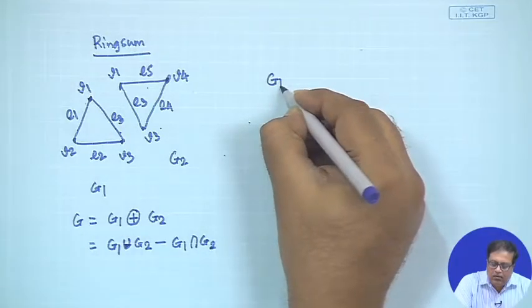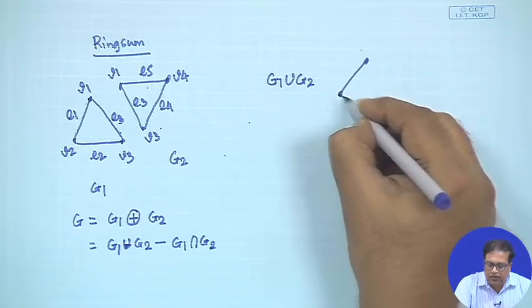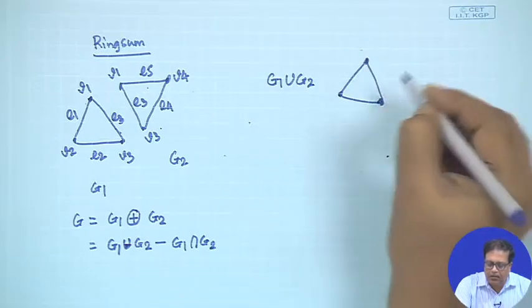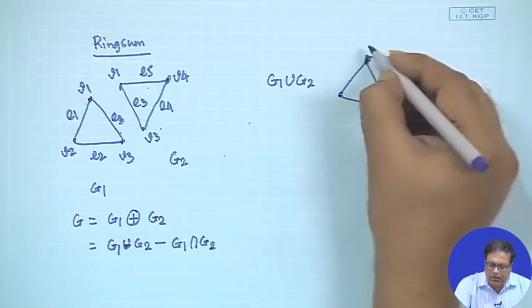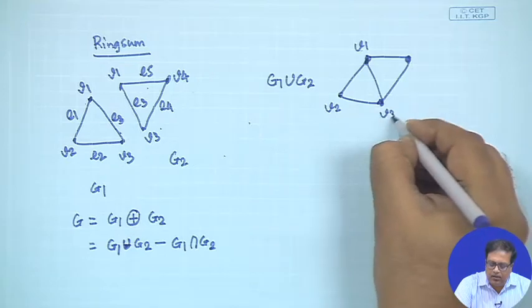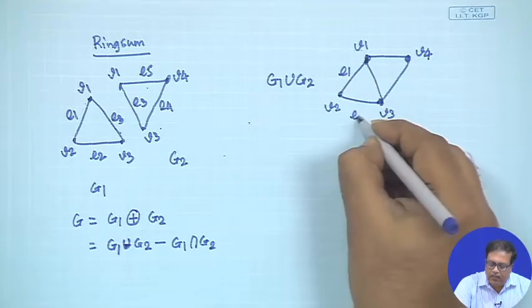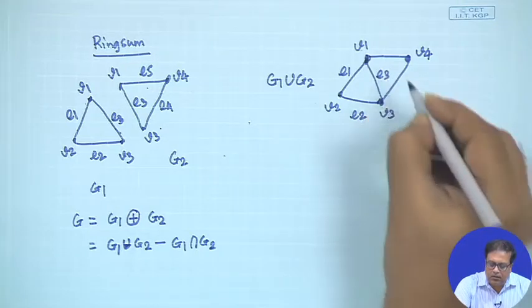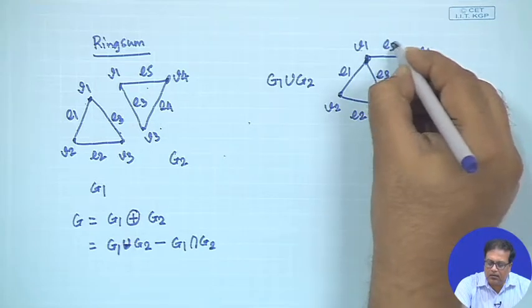What is the union of these two graphs? It is what we have already seen: V1, V2, V3 and V4, then E1, E2, E3, E4 and E5.